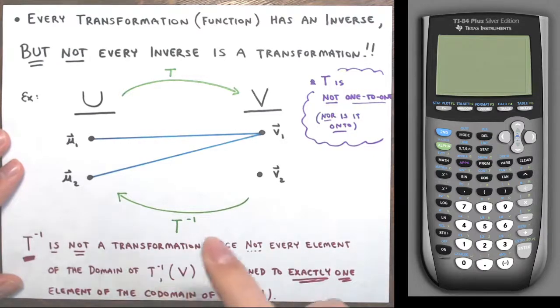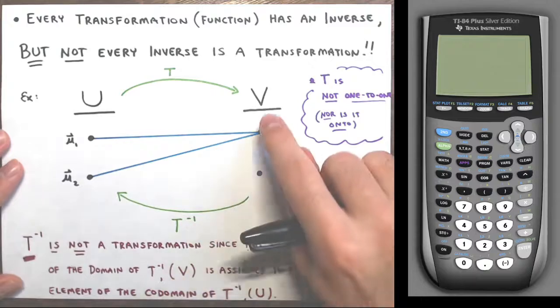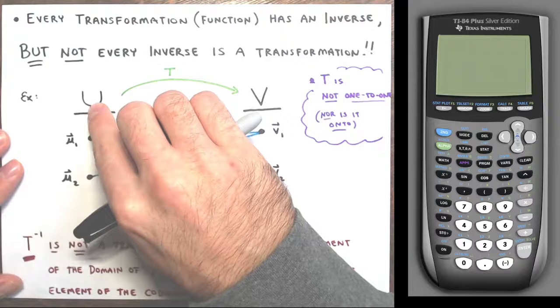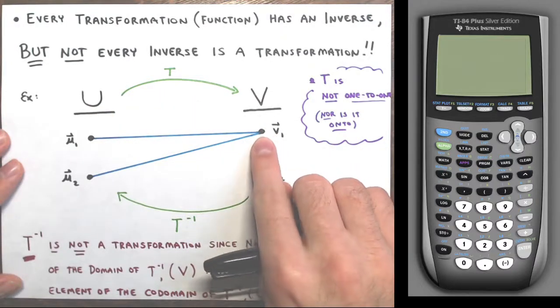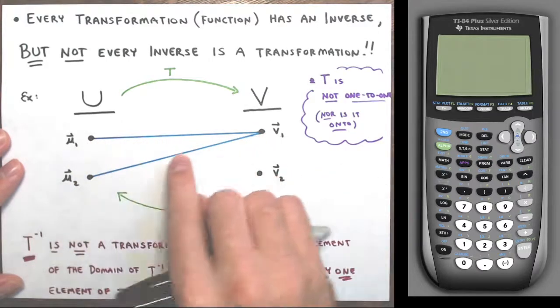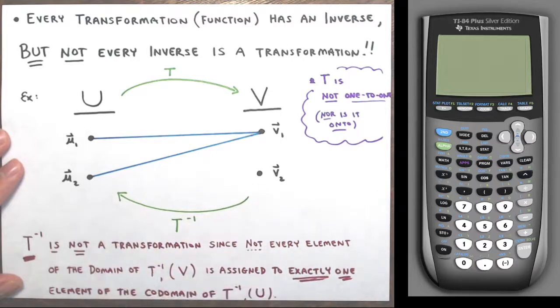Because a transformation has every element of the domain map to exactly one element of the codomain. For T inverse, the domain is V and the codomain is U. V1 in the domain maps to not exactly one element, it maps to two different elements. So right away I'm seeing that T inverse is not a transformation.